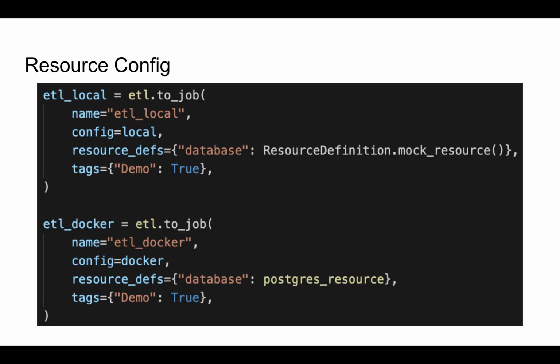But this can be helpful because if we had additional environments where maybe in production database meant Snowflake, we could just use the Snowflake resource. But this again is where Dagster puts a lot of emphasis on parameterization, and that you can not only parameterize the values that go into a pipeline, you can parameterize out the resources that make up a job.